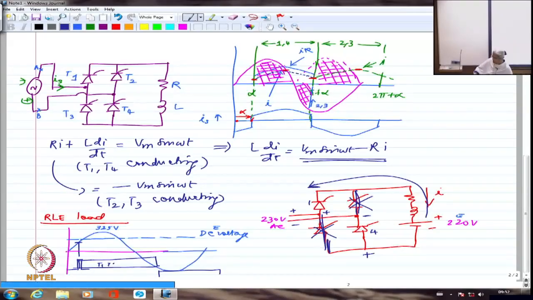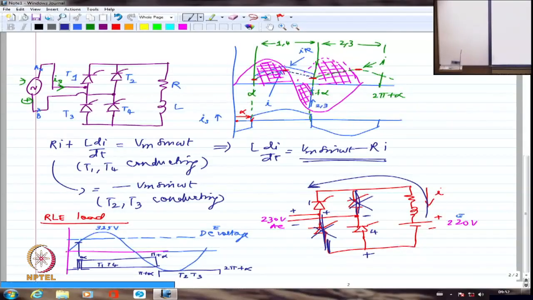So this is for T1, T4, this is for T2, T3. This is from alpha to almost pi plus alpha, and this will be from pi plus alpha to 2 pi plus alpha. So if it doesn't get a chance to fire here, at least let's give it a chance to get fired whenever it is possible for it to conduct.